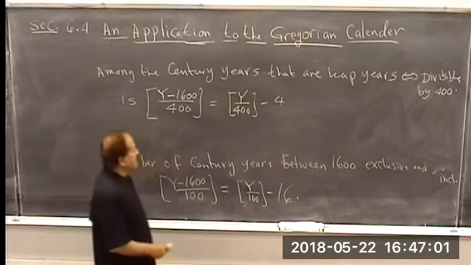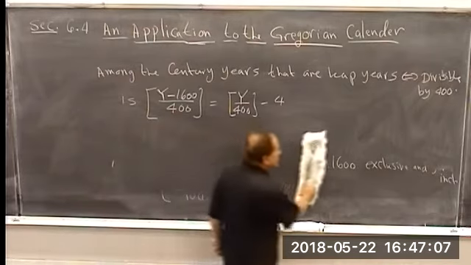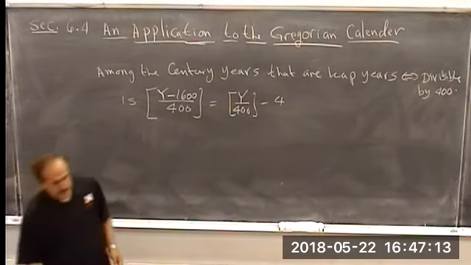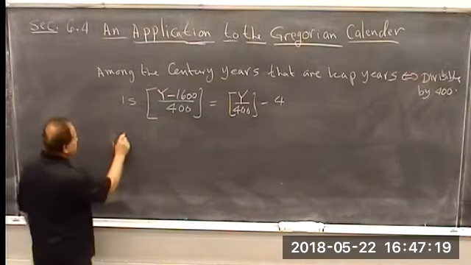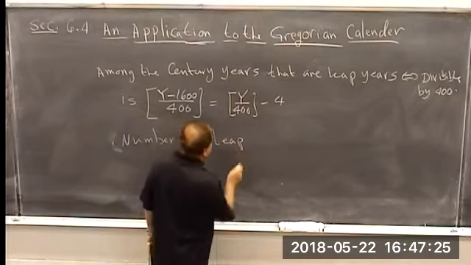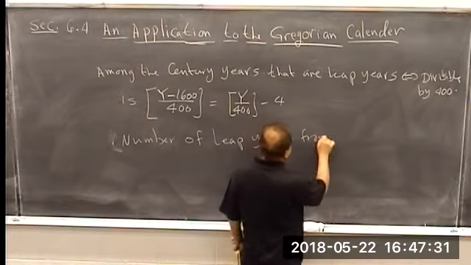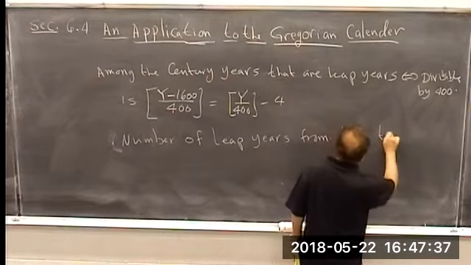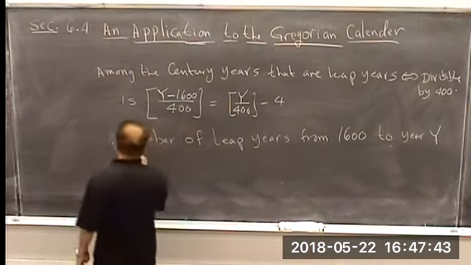All right, then now we can see what's the total number of leap years. So the total number of leap years, L, from 1600, again exclusive, to year y, is given by this.